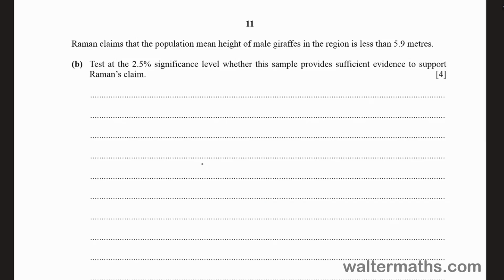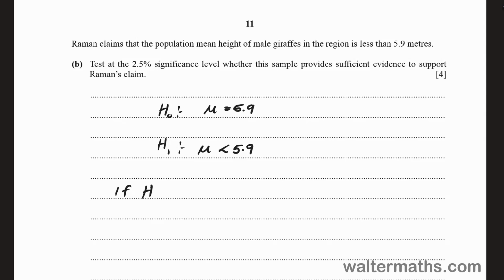All right, so the null hypothesis is that the mean is 5.9. The alternative hypothesis is that it's less than 5.9.